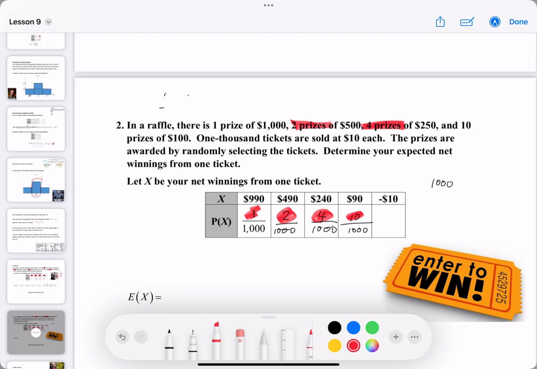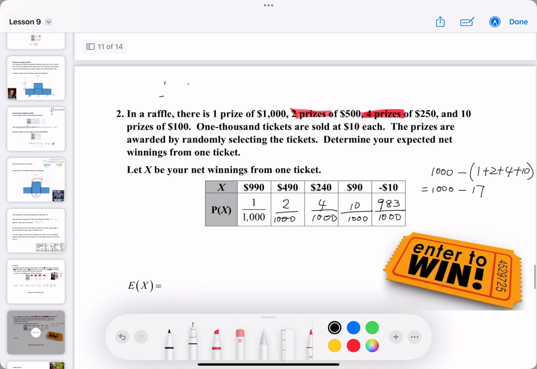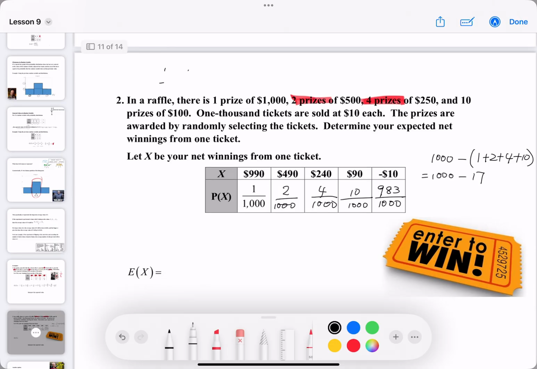That means the rest of the tickets have no prize. So I'm using the 1,000 tickets minus all of the tickets which have a prize, 1 plus 2 plus 4 plus 10. So 1,000 minus 17 is 983 tickets that win nothing.